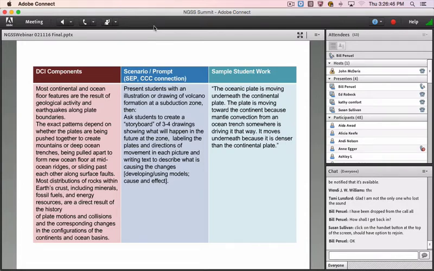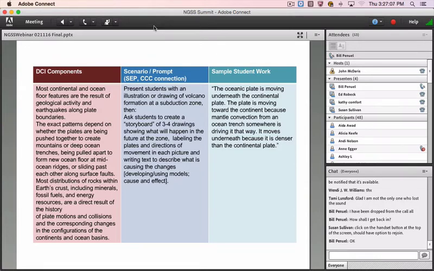And by doing all of this in a row this way, we can actually then hand this off to a peer and say, does this make sense? Do you believe that students would write this in response to this prompt? Or maybe we really like the student work, but then we need to refine the prompt. Or there's a concern about the alignment to the DCI.